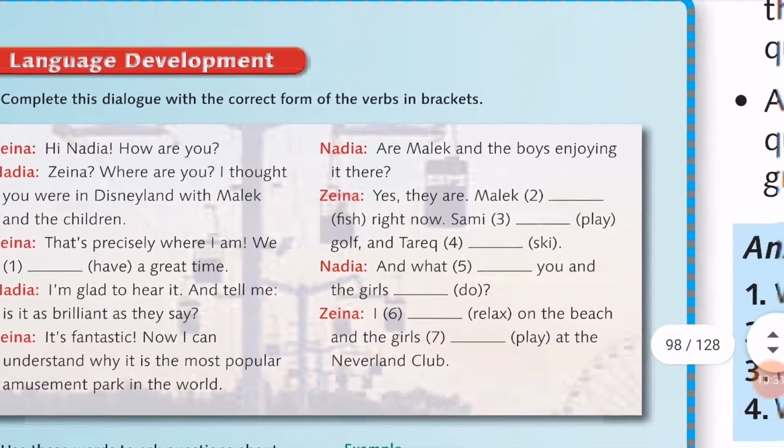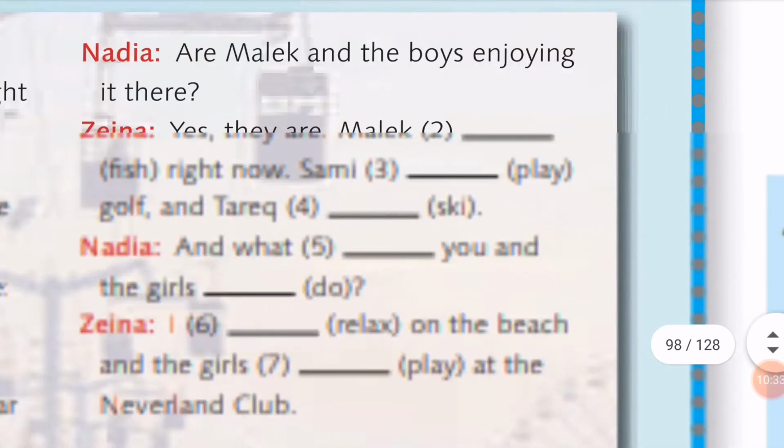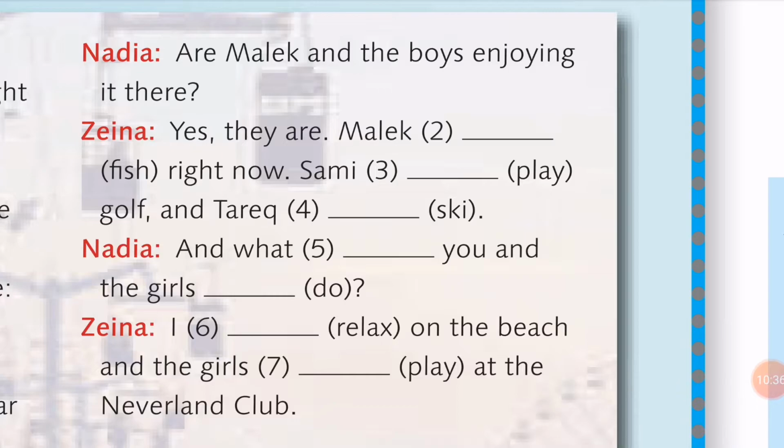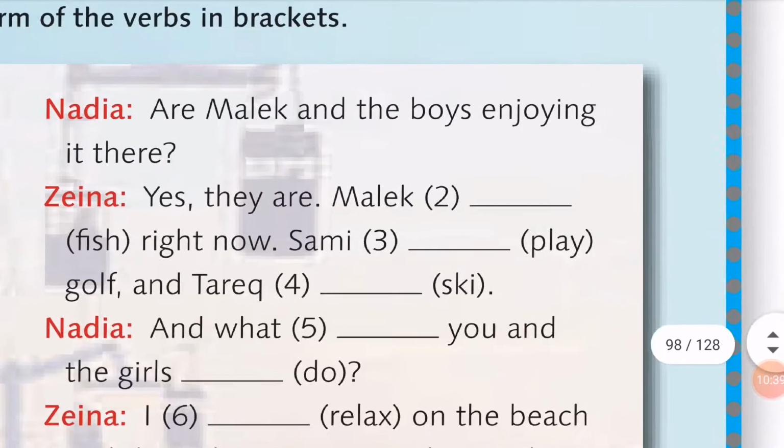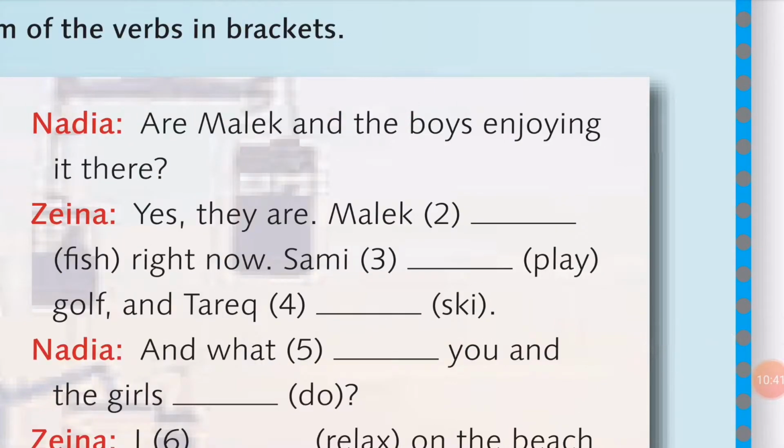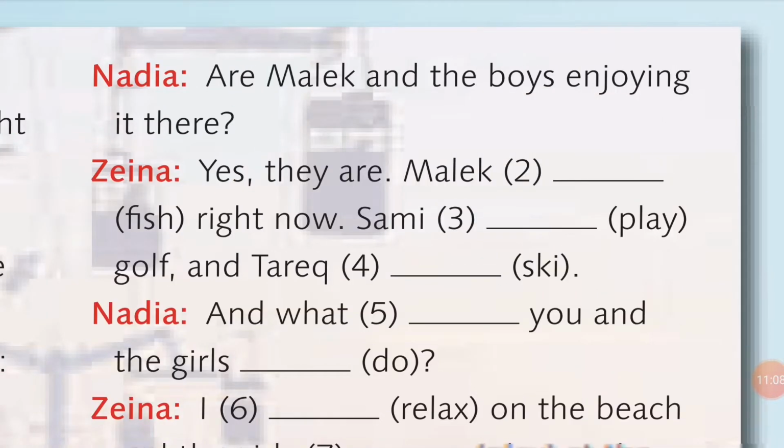Okay, let's complete. Nadia: Are Malik and the boys enjoying it there? Look at the question here. The question is in the present progressive, so you have to answer it in the present progressive. Are Malik and the boys enjoying? So are plus enjoying here is the interrogative form for present progressive. Zaina: Yes, they are. Malik blank, here you have a gap. Malik fish right now. Look at the sentence. We have a keyword for present progressive.